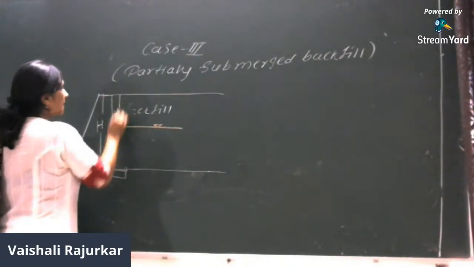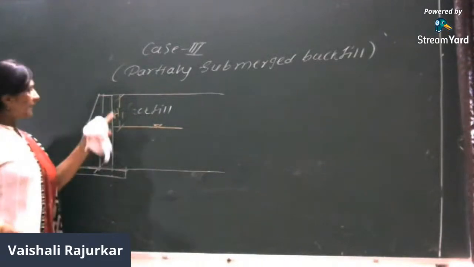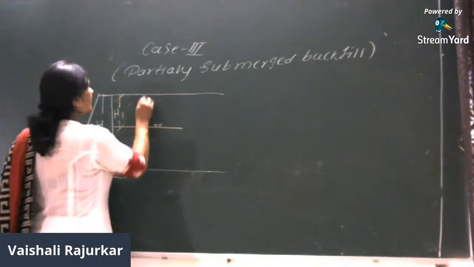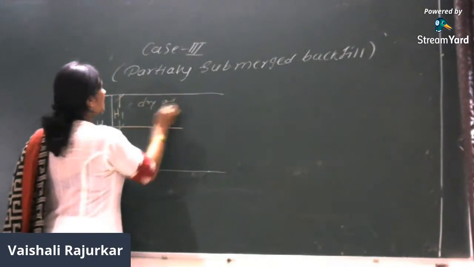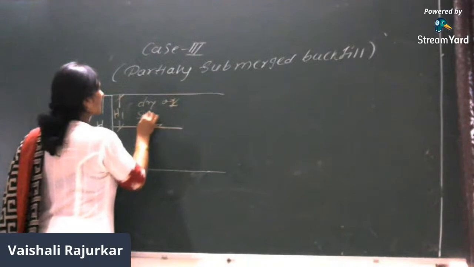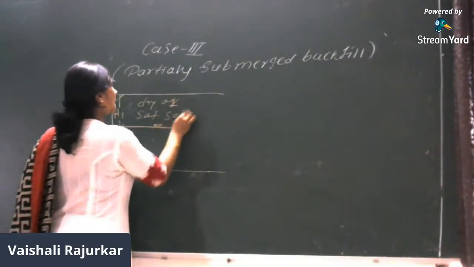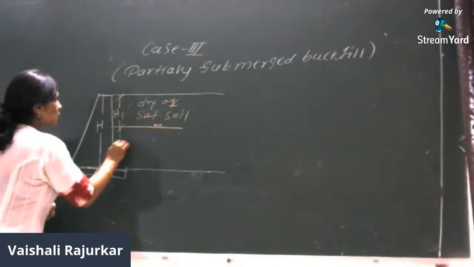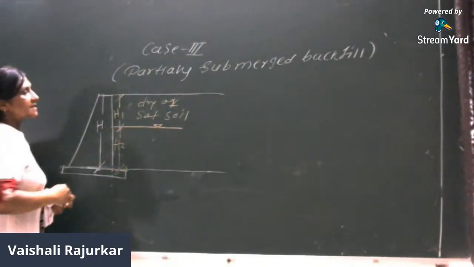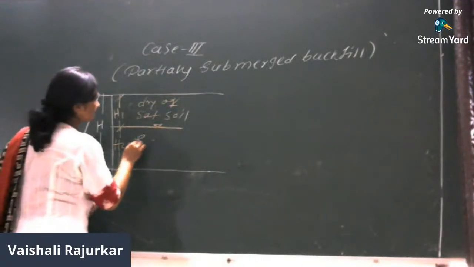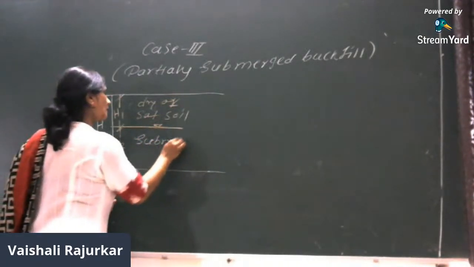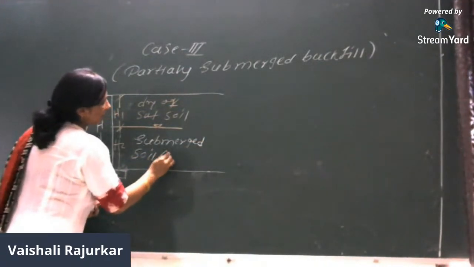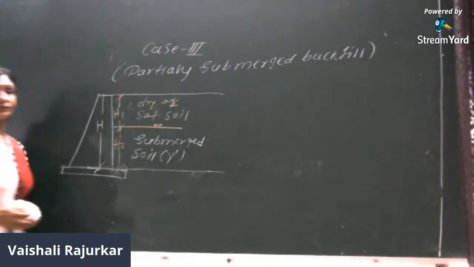Here H1 is the height up to which the soil is dry or saturated soil. And naturally, below this, we will assume it as H2. H2 is the distance at which the soil is submerged. Submerged soil, and here we will just consider gamma submerged, right?